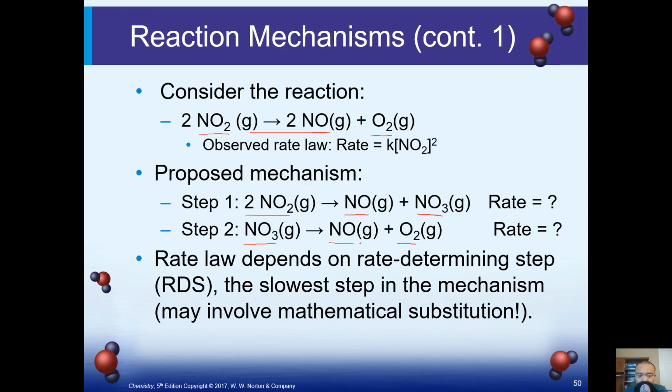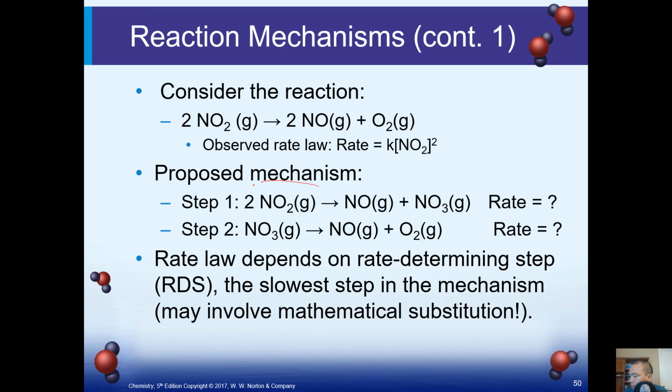First, NO3 produced in step 1 is consumed as a reactant in the second step. For this reason, NO3 is an intermediate. It appears as the product of the first step and is consumed as a reactant in the second step. In addition, the first step is bimolecular because two NO2 molecules are involved, and the second step is unimolecular.